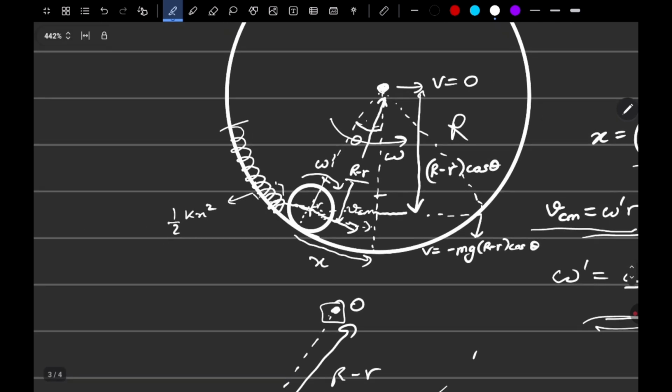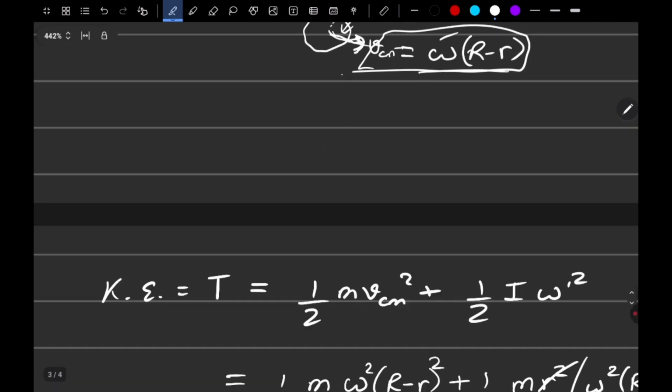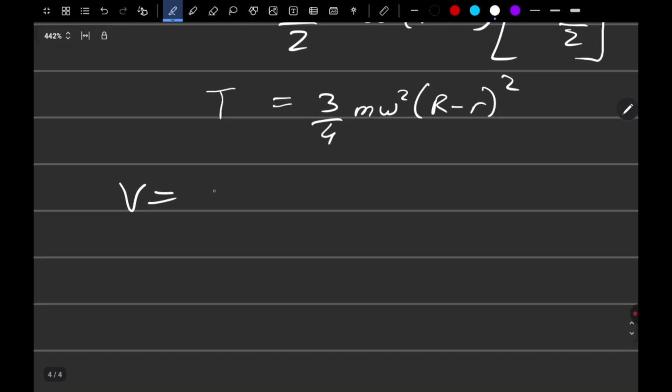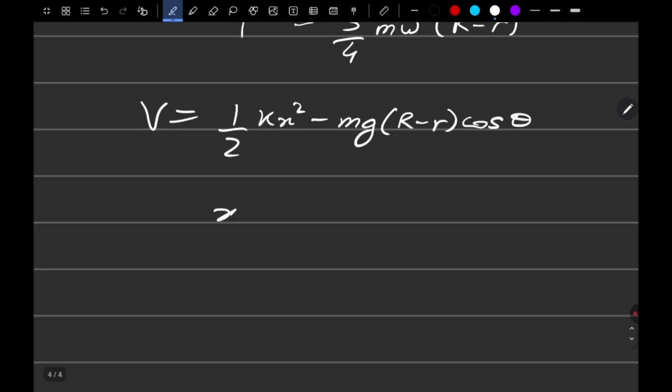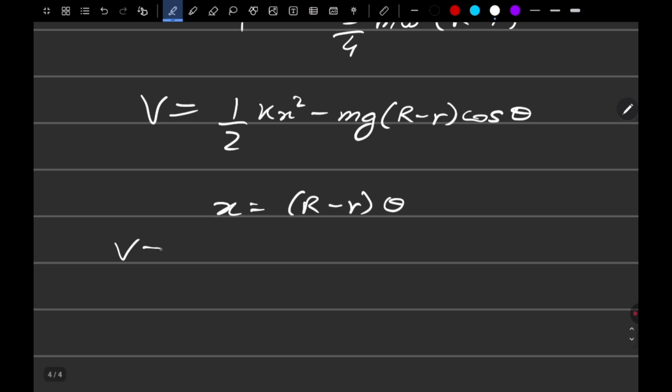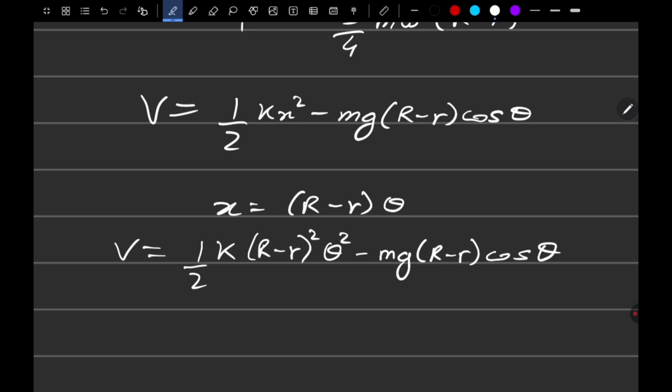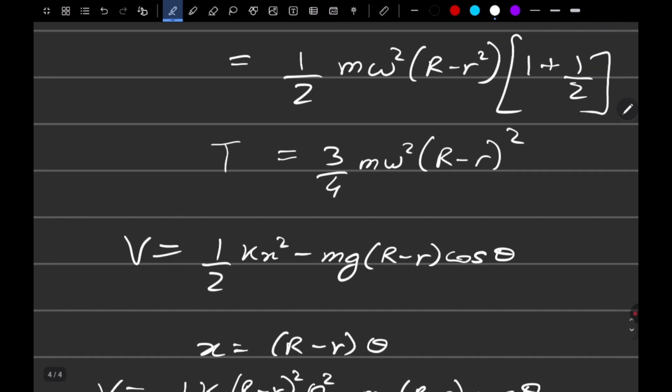These are the two potential energies that we have. We add them together and get half k x squared minus m g (R minus r) cos theta, and x, as I already told you, is equal to (R minus r) times theta. So V is half k (R minus r) whole squared theta squared minus m g (R minus r) cos theta.